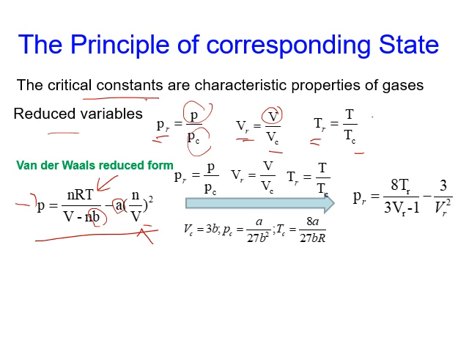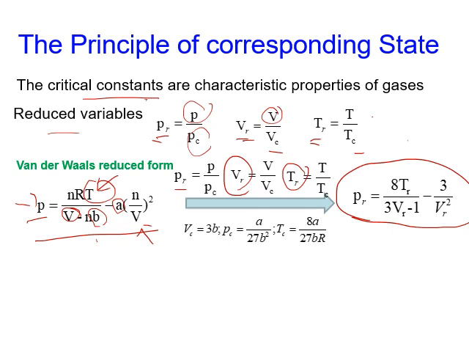However, if we replace the volume by reduced volume, temperature by reduced temperature, and pressure by reduced pressure, we get an equation similar to the van der Waals equation, but not exactly the same.